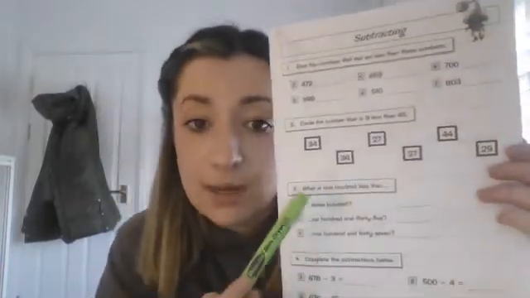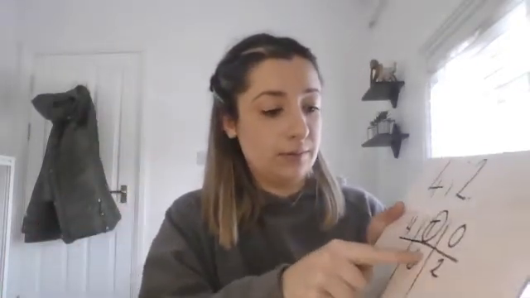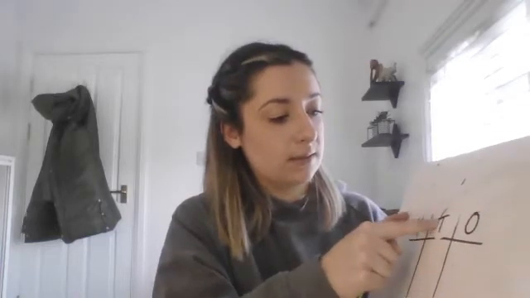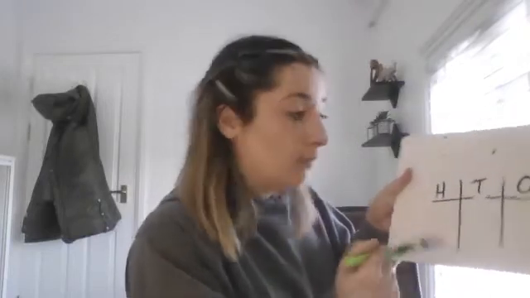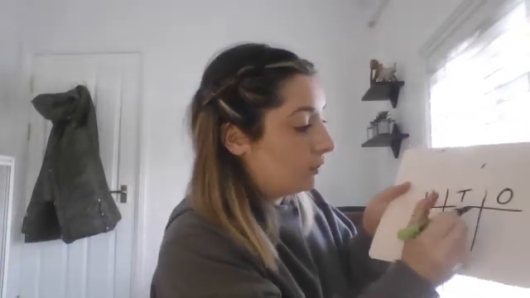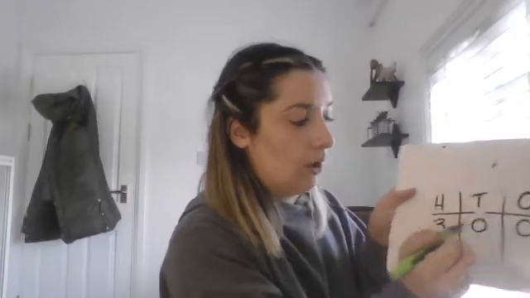Now I don't want you to write 300 here because the question is asking you what is 100 less than. We are subtracting today. So if it helps you, you could on a whiteboard just change this place value chart. There's my place value chart, and we read the number as 300, so 3 in the hundreds, nothing in the tens, nothing in the ones.